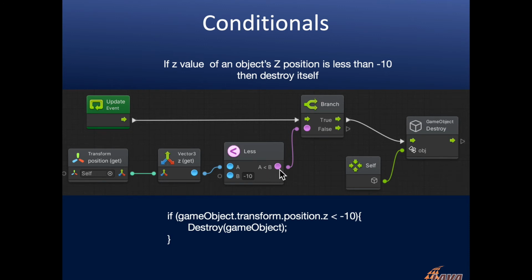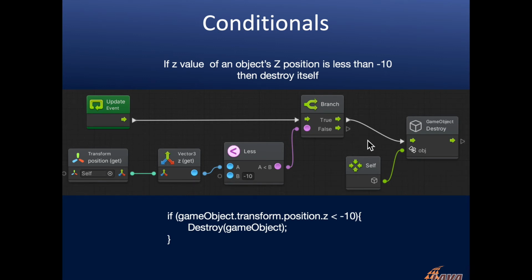You take the output of this and you feed it into a branch node. And so if this condition happens to be true, then this branch will proceed to do this next step. If this turns out to be false, I've got nothing coming out of the false, so it's not going to do anything.